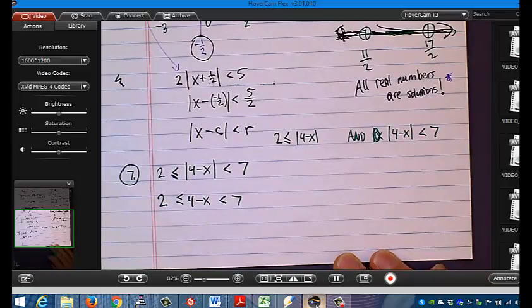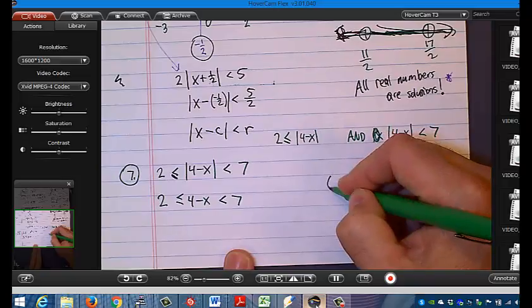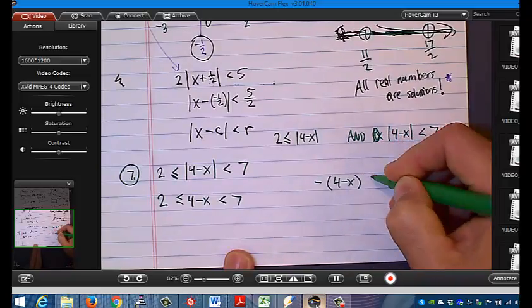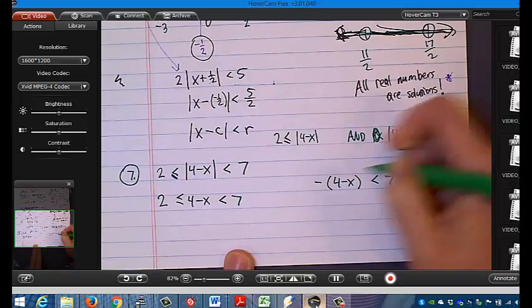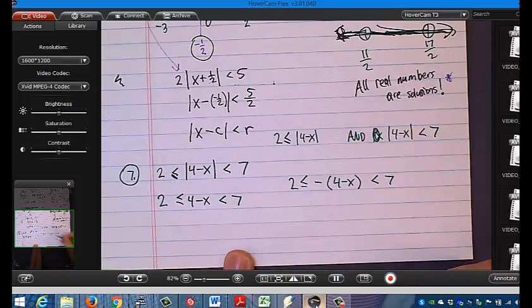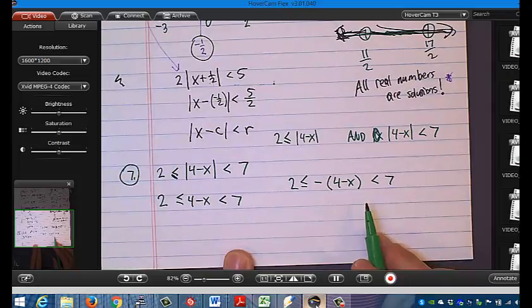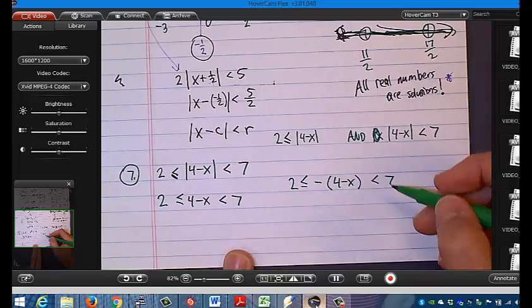What's the other set of solutions? We want to look at the opposite of 4 minus x being between 7 and 2. Okay? So again, if I multiply everything by the negative, what happens? All the signs flip. All the inequality signs flip, right?